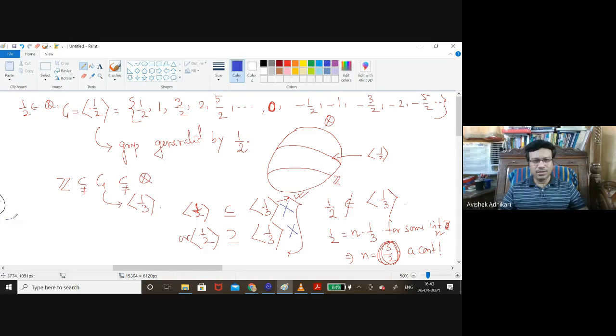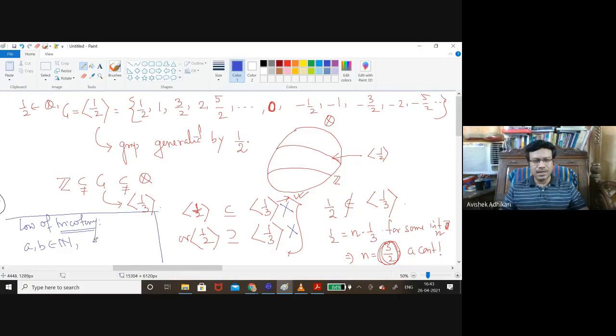So in case of natural numbers, you might have heard about the law of trichotomy. Have you heard about the law of trichotomy? That means if you take any two natural numbers, it is also true for Z as well.